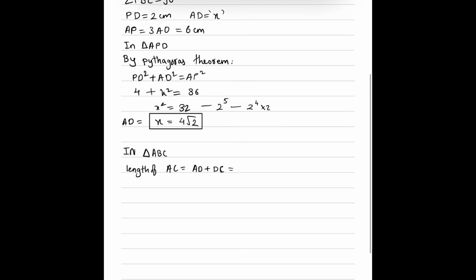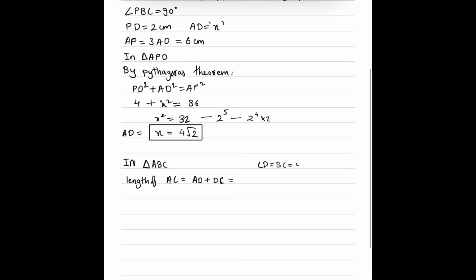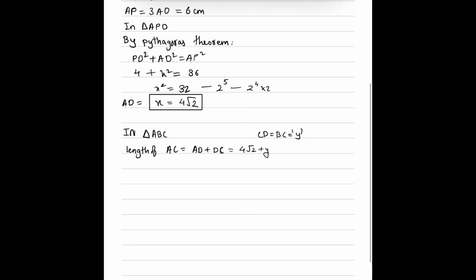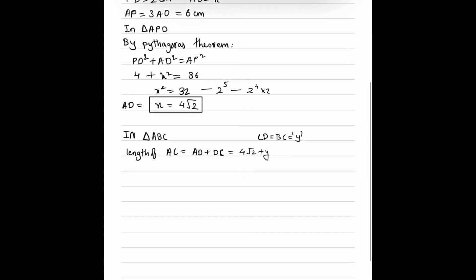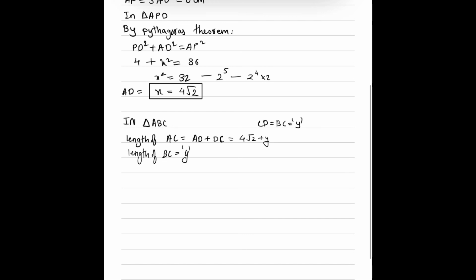Let's call CD, which is equal to BC, Y. So AC is equal to 4 root 2 plus Y. We know the length of BC, which is again Y. And at last, we know the length of AB, which is 4 times AO, which is 8 centimeters.